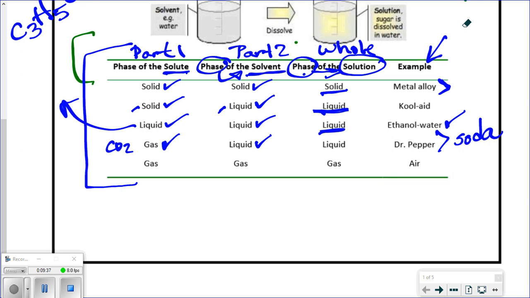Now, we can also have gas and a gas. That's just air, right? I don't have a chunk of oxygen sitting in one corner and a chunk of carbon dioxide in the other. Gases, if you recall from the gas unit, they always equally distribute amongst themselves. So that's going to be an example as well.